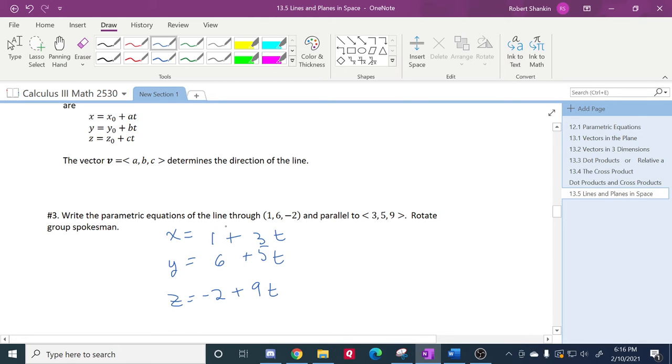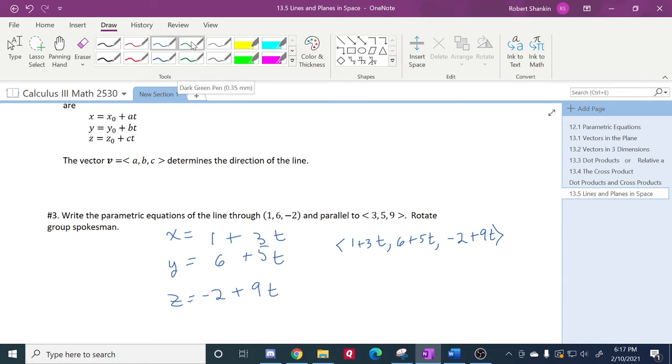And some answer will be I put all the three things on the right side of the equation in the vector bracket. Okay, if we wrote it in vector form, what would the equation be? So 1 plus 3t comma 6 plus 5t comma and minus 2 plus 9t. Yeah, that's it. Great.